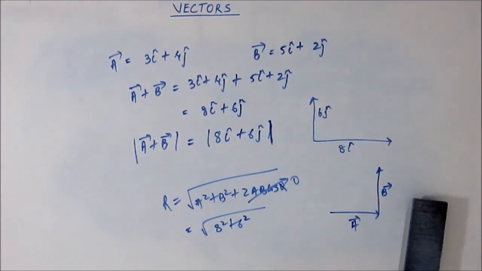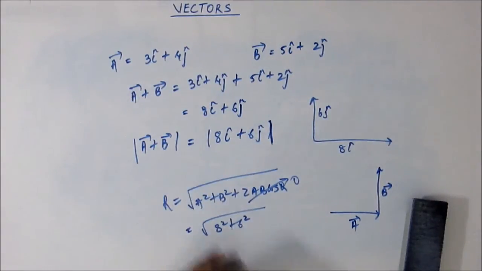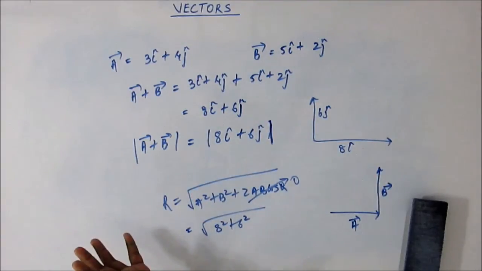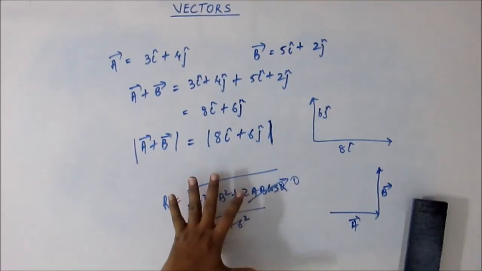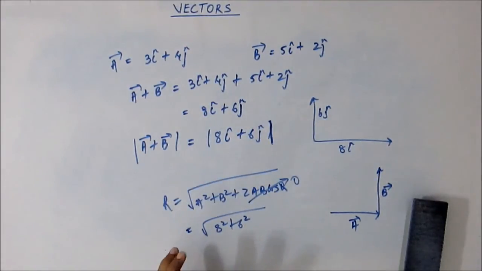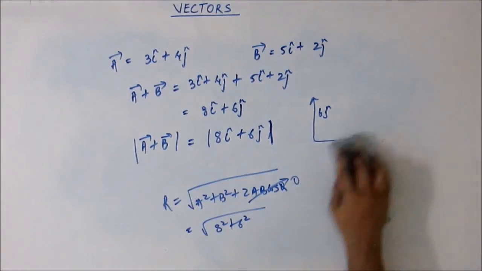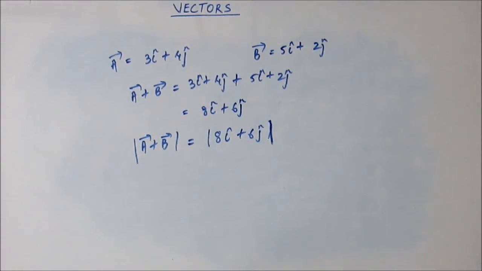Now you have to get very handy with this because you will come to this situation at least 1000 times in the course of physics. So you will have something i cap plus something j cap. You have to understand that these two vectors are perpendicular, so their magnitude is simply root over A square plus B square. In this case, root over 8 square plus 6 square, which comes out as root over 100. Root over 100 is 10. So this mod is equal to 10. Simple.